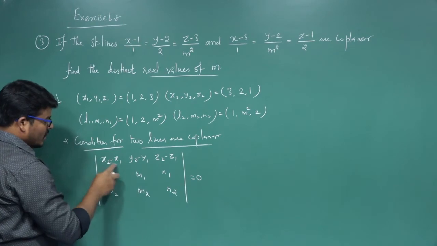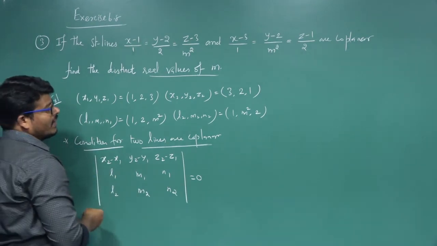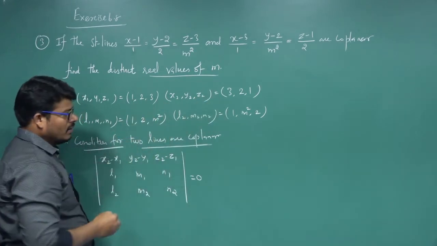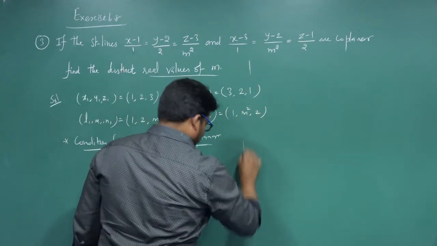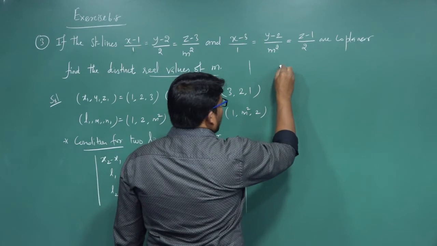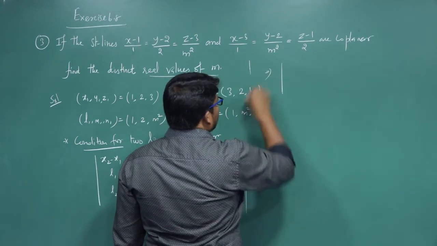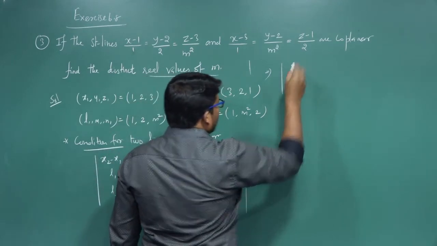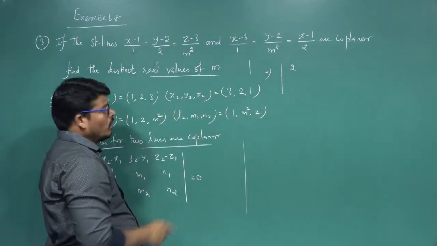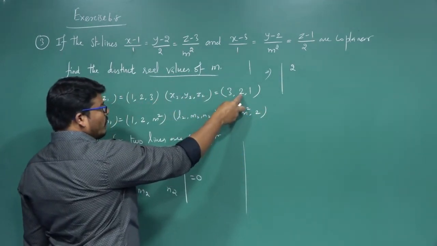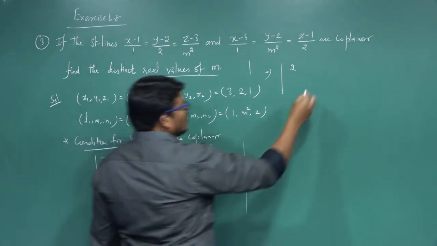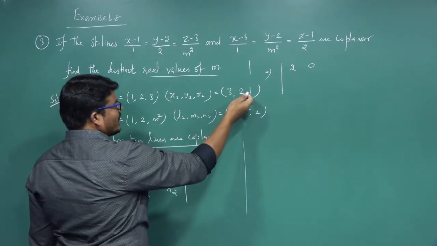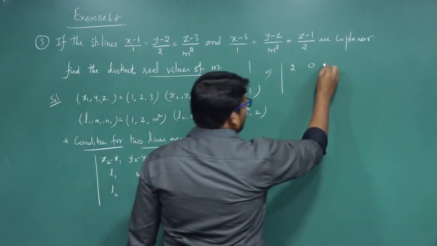Now substitute the values. x2 minus x1 is 3 minus 1, which is 2. y2 minus y1 is 2 minus 2, which is 0. z2 minus z1 is 1 minus 3, which is minus 2.